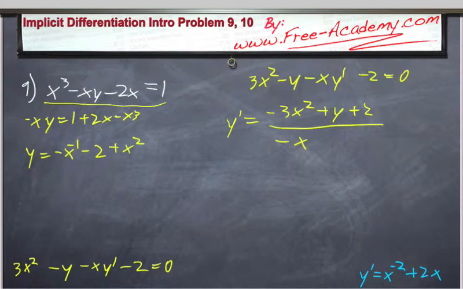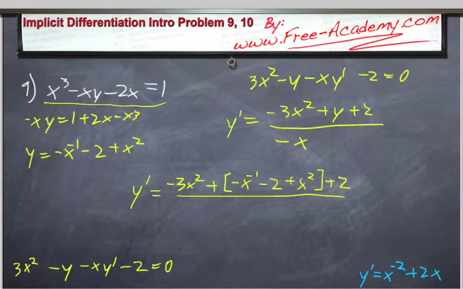So let's plug that in, and we will get that y prime is equal to negative 3x squared plus minus x to the negative 1 minus 2 plus x squared plus 2 all divided by negative x.